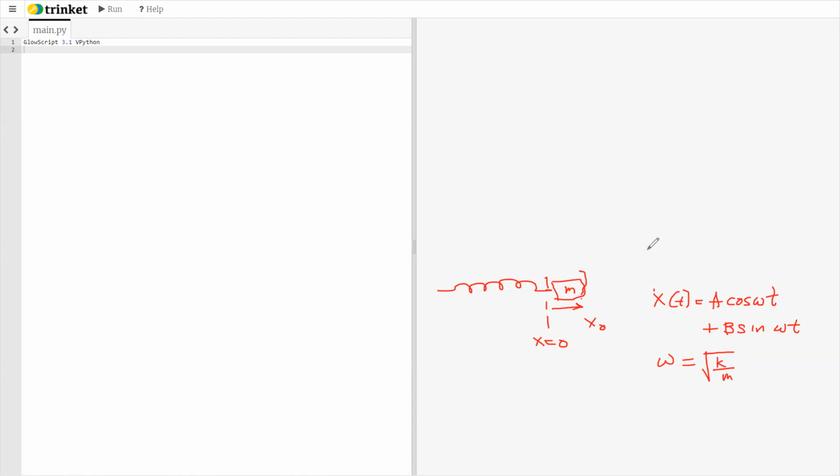The net force acting on the system is equal to negative kx x hat. So depending on the initial conditions, we can evaluate A and B.